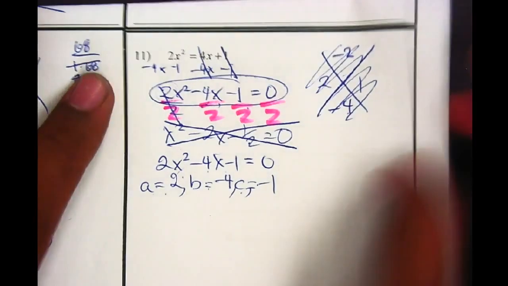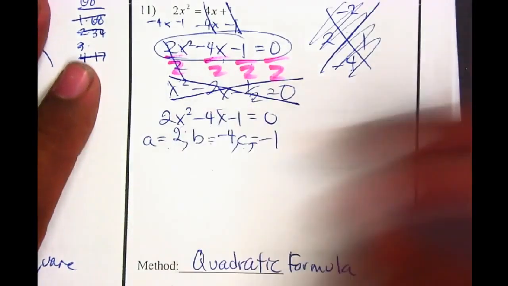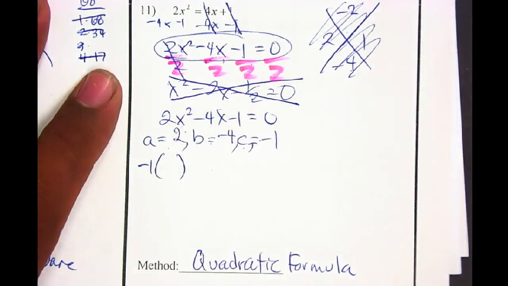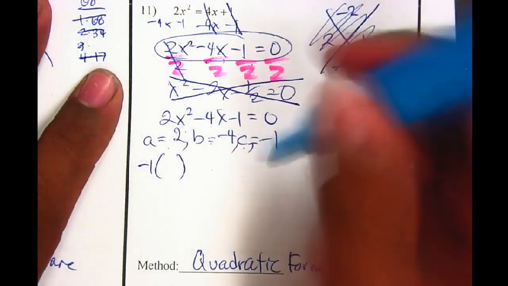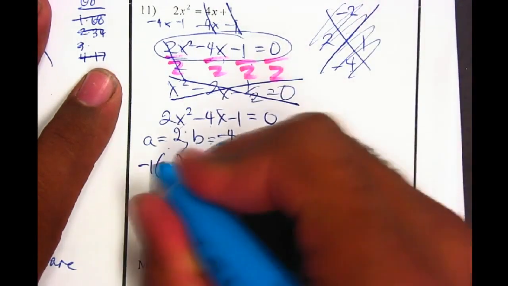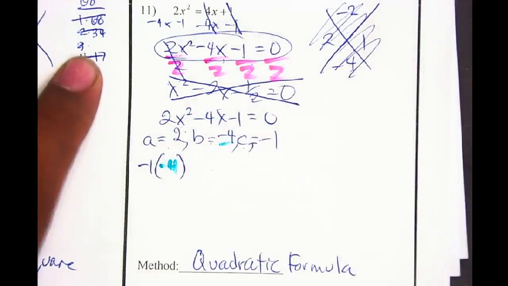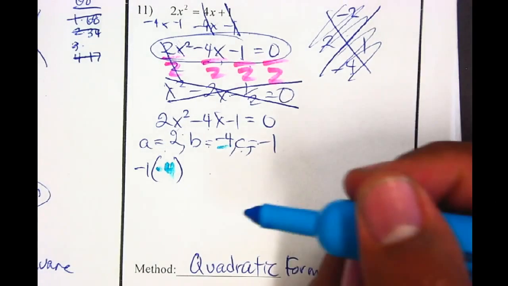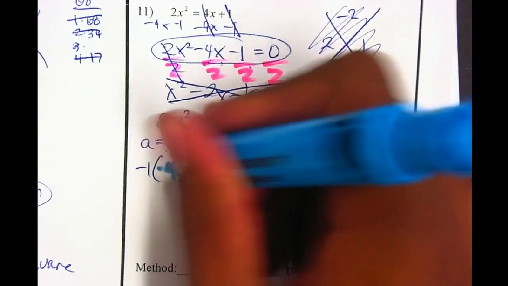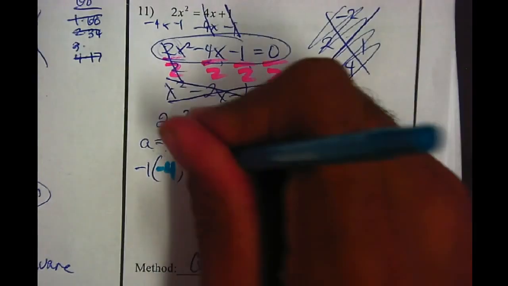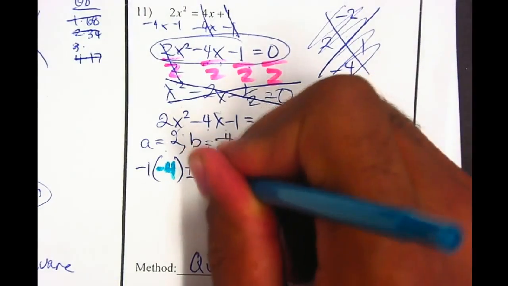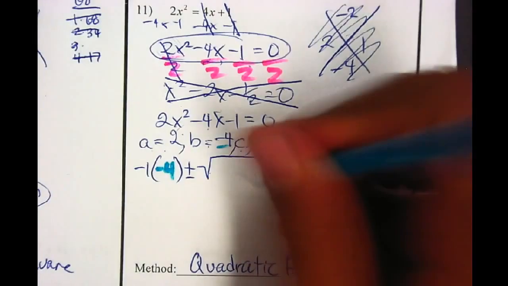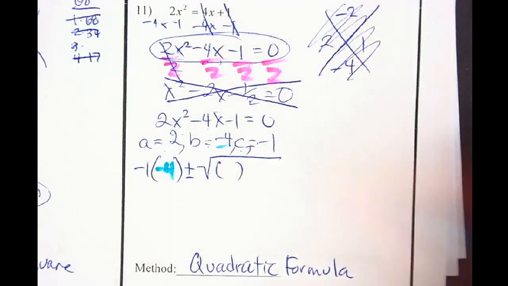Okay, so now what we're going to do is plug that into our quadratic formula. So now -1 times B, we always do negative B, so -4, and then plus and minus the square root of B squared, so that's -4 squared.